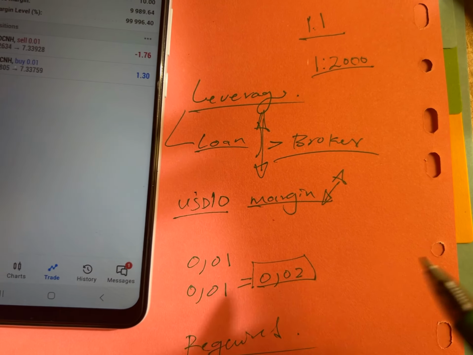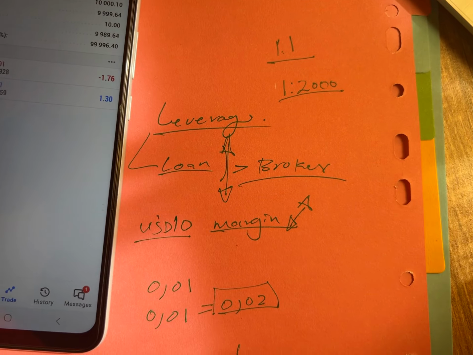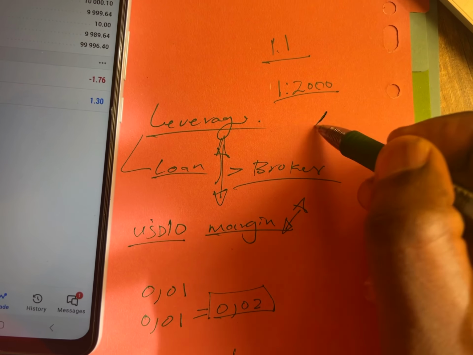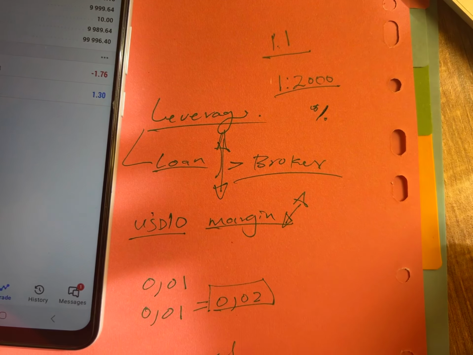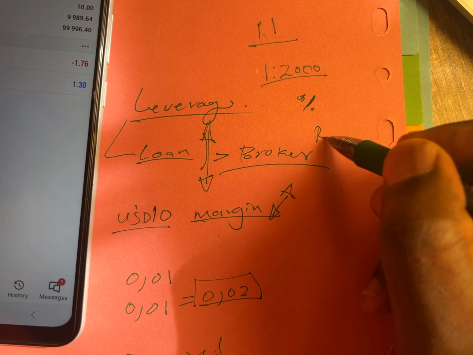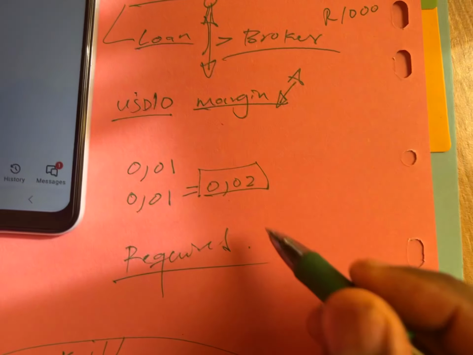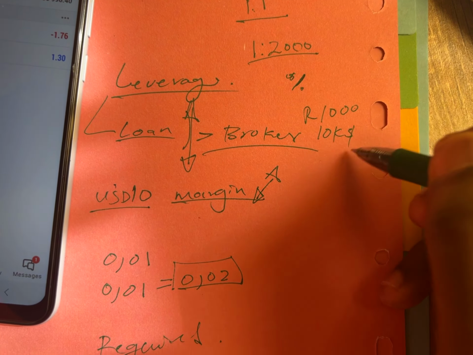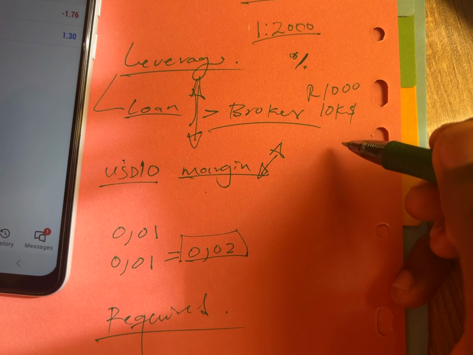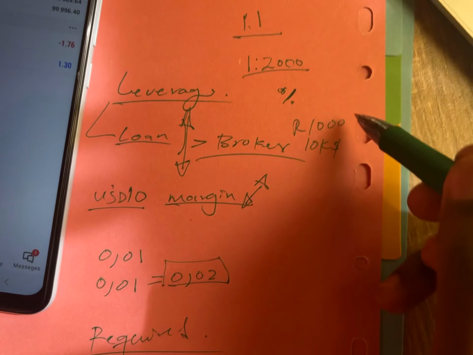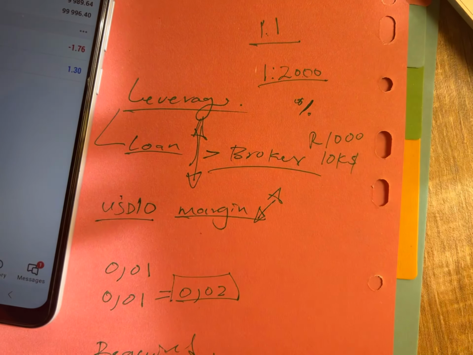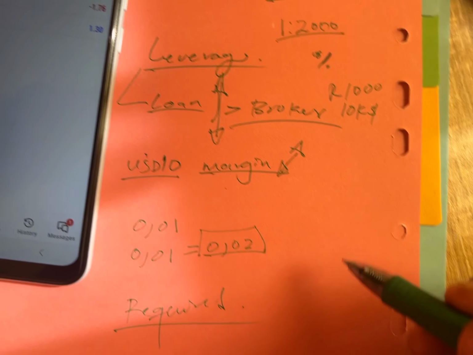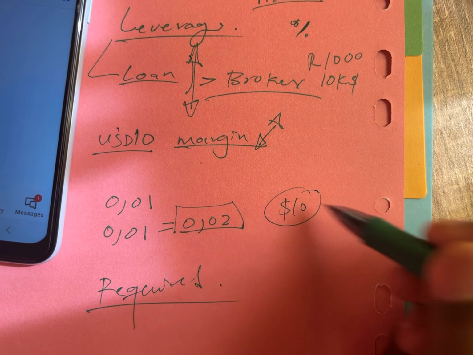All right. So the way this leverage works in the broker, it's a divide. It's always dividing. If right now you're required to trade or to open 0.02, you need 10,000 or 10K dollars. You will divide by this leverage, and then you are going to end up needing only $10.